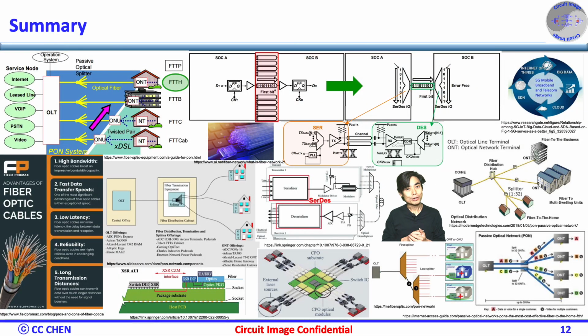Here is a summary showing that PON and SerDes are complementary technologies that work together to create high-speed, cost-effective optical networks. PON provides the infrastructure for fiber optic broadband, while SerDes ensures efficient data serialization and deserialization, enabling fast, low-latency communication.